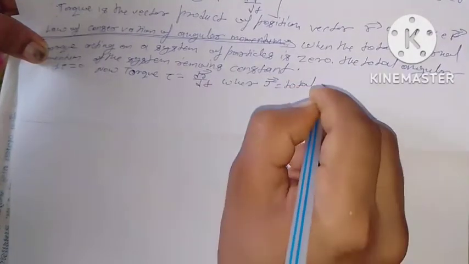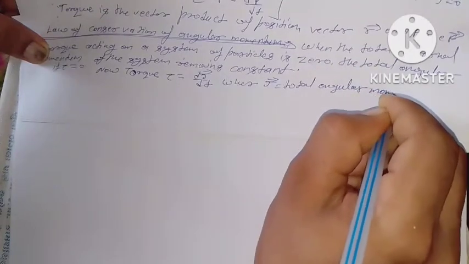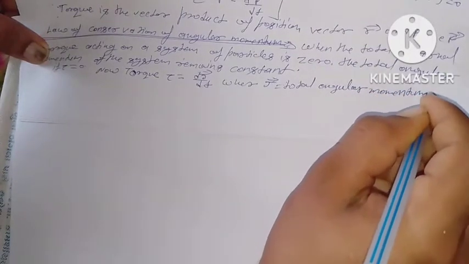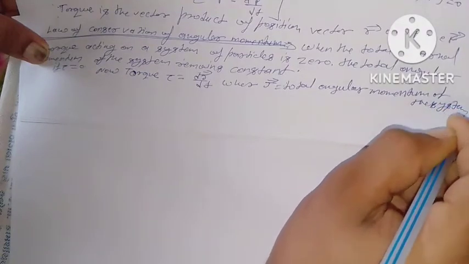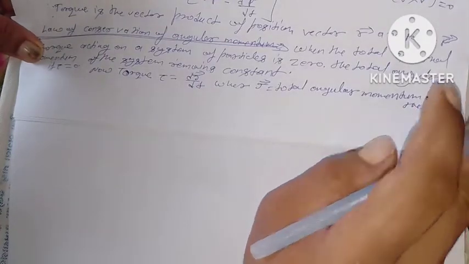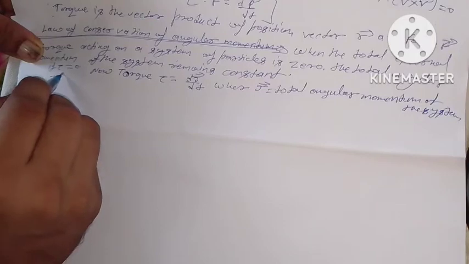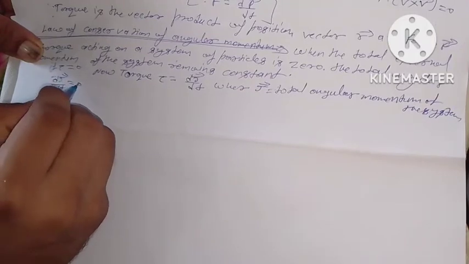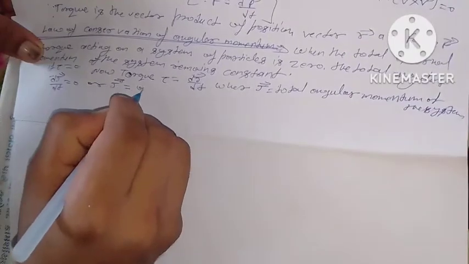Then d vector J upon dt equal to 0, or vector J equal to a constant.